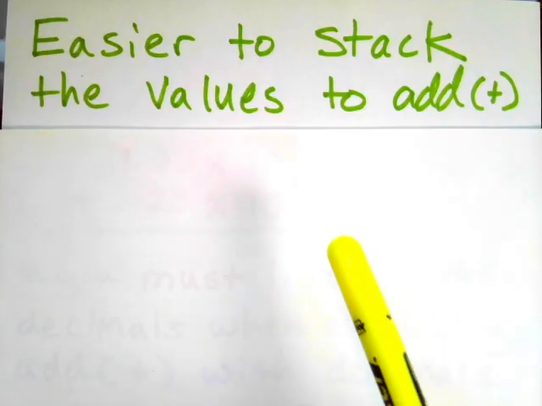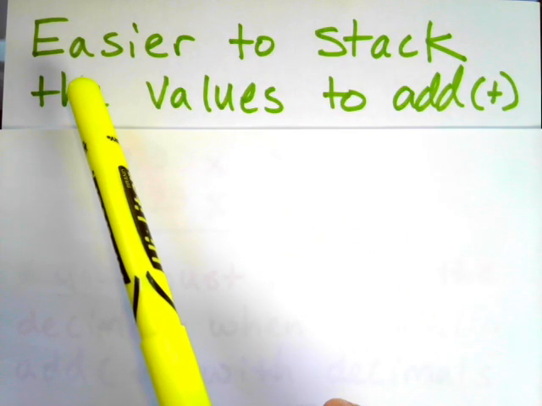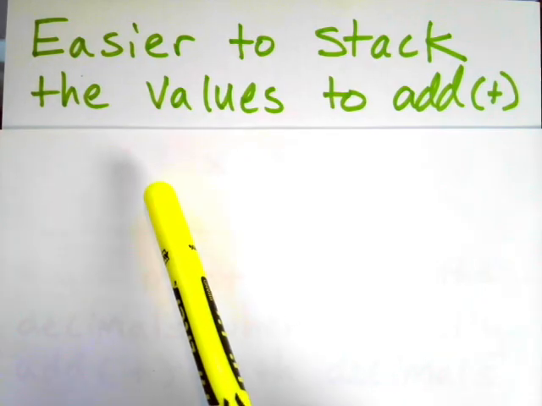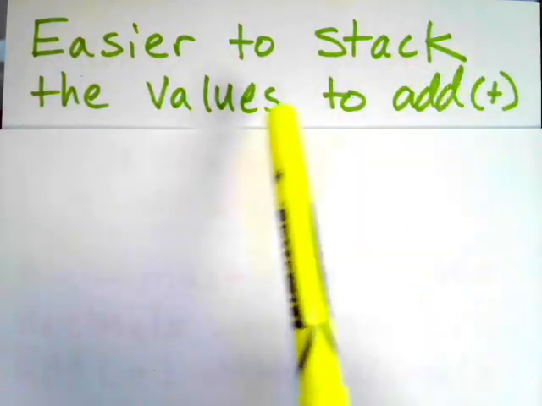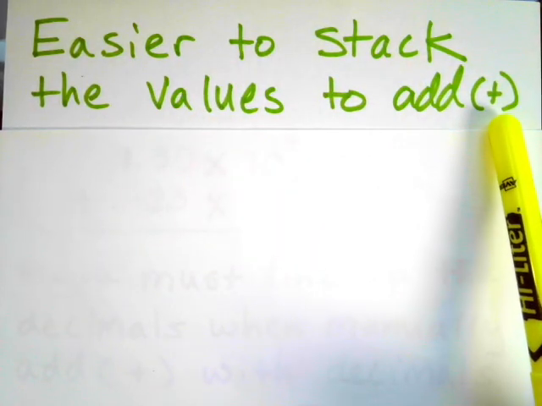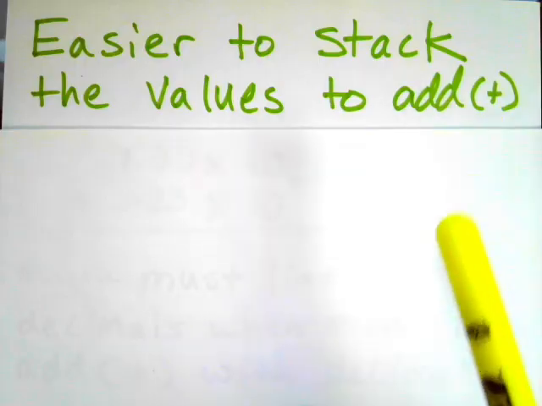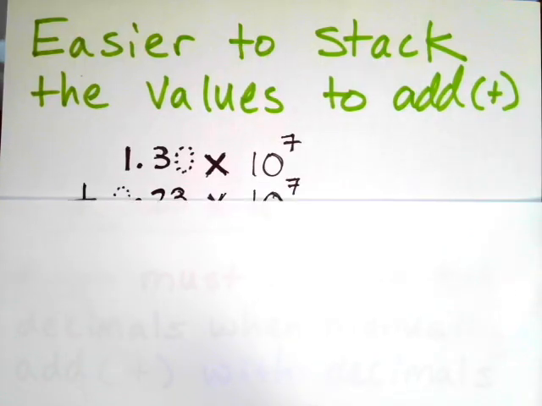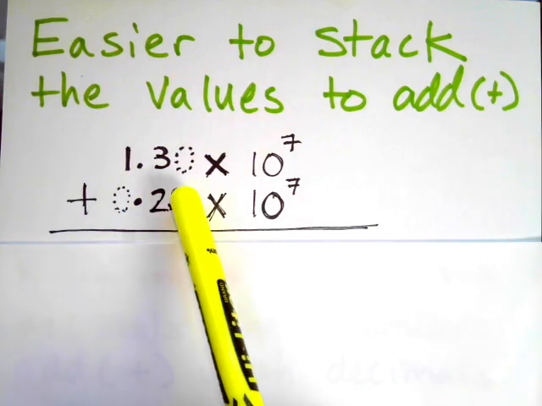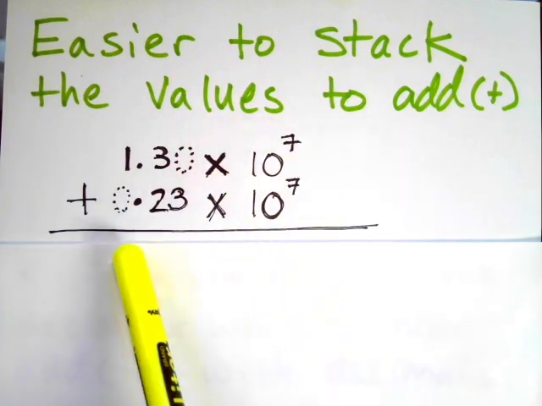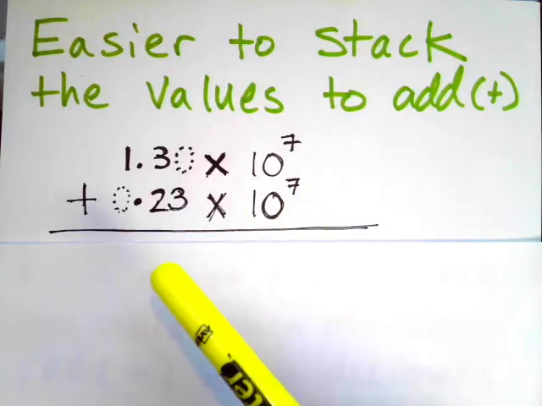So what we're going to do now is add without a calculator. We've got decimals, and it's so much easier to add decimals by stacking the values. What does that look like? Well, you can see here: 1.3 times 10 to the 7th, 0.23 times 10 to the 7th.